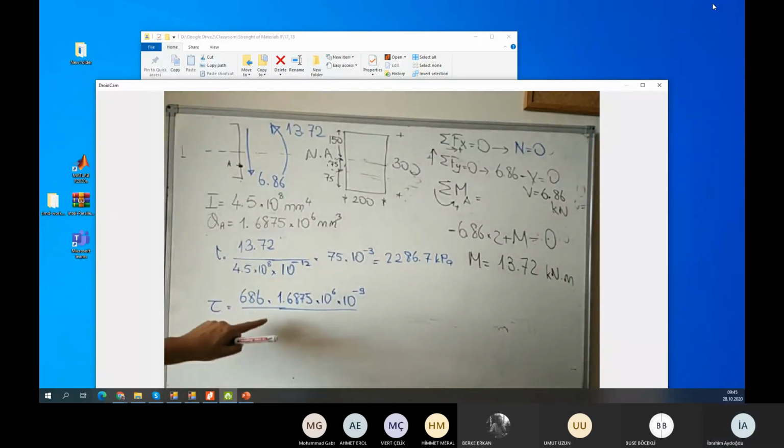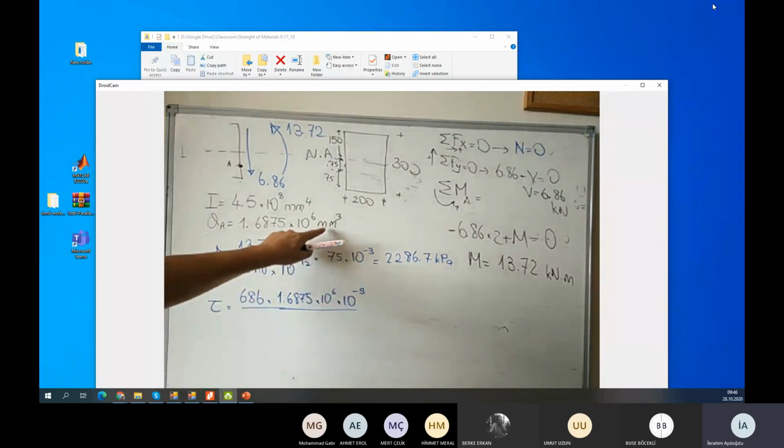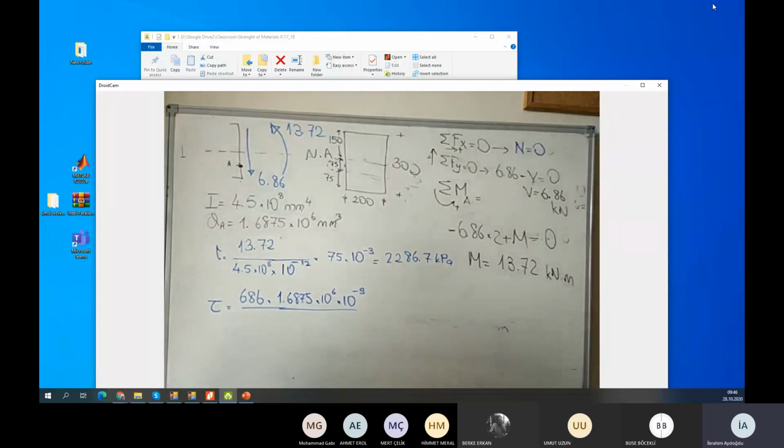Okay. I need to multiply by 10 to power minus 9 in order to convert from millimeter to meter. Okay. So again, I need to write the moment of inertia. I already calculated here. 4.5 10 to power 8 times 10 to power minus 12.